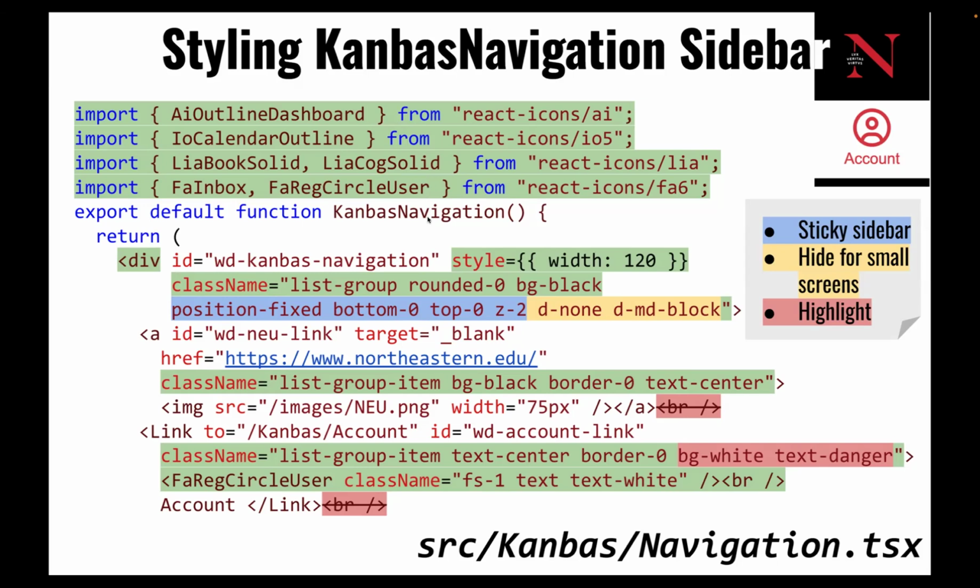Plus, let's see, we're also going to be using list group. So list group is a class in Bootstrap that allows it to render lists, and in particular, either lists using UL or a list of hyperlinks, which we have.